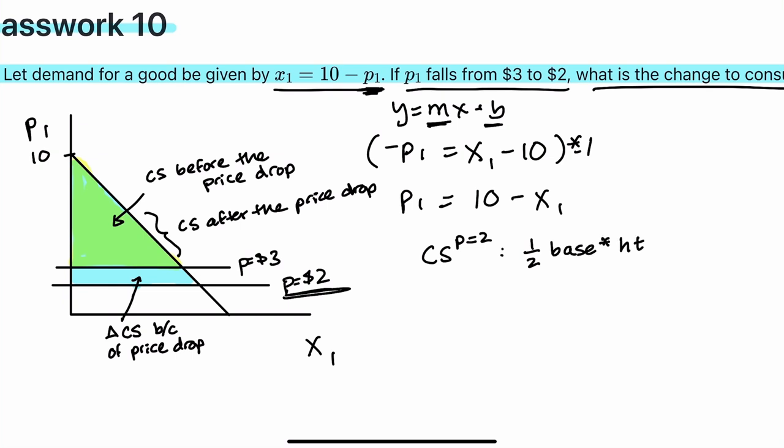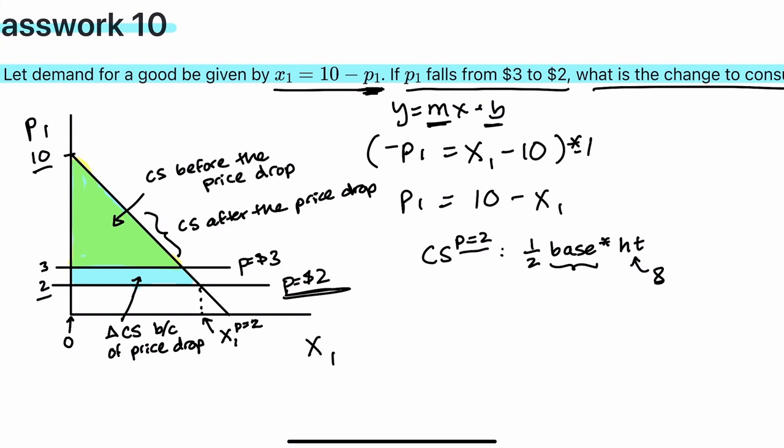Here's 3, here's 2. The height of the triangle when the price is $2 is 10 minus 2, which is 8. So we know the height is 8. And then what is the base? The base goes from 0 to the x1 with a price at $2.